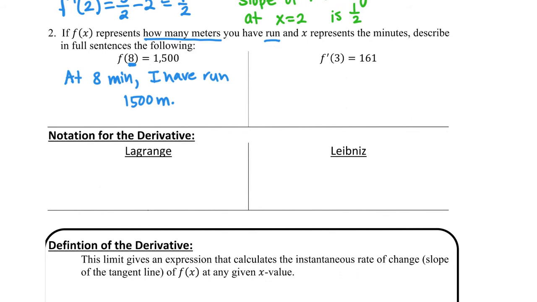Okay, for the next one, they're saying this is the derivative of f at x equals 3. Remember, derivative is the rate of change. So I'm going to figure out what the rate of change is. I do know it's at 3 minutes, so I'm going to go ahead and say that. At minute 3, I am running, I'm going to do a rate.